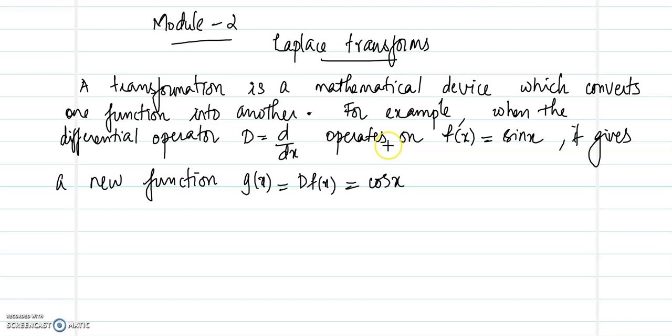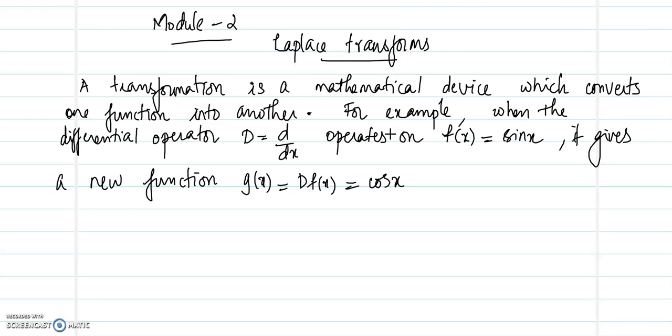First we will define what is a Laplace transform. Then we will see different properties of Laplace transform, and for some of the common functions we will be finding out what the Laplace transform is. Not all functions have a Laplace transform; provided they satisfy certain conditions, the Laplace transform exists.